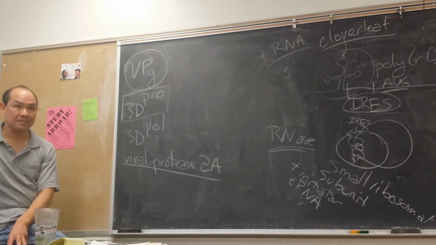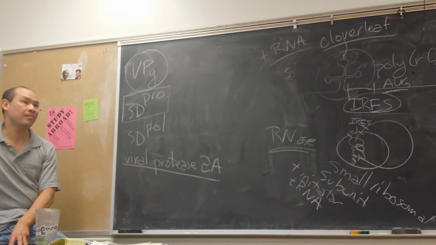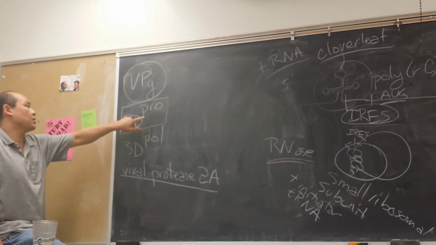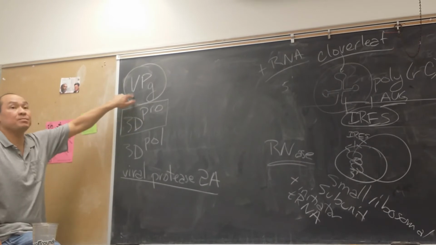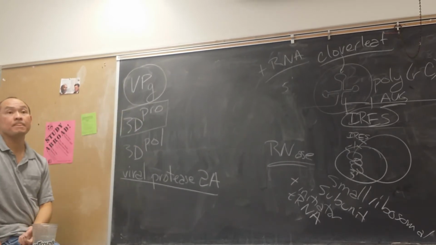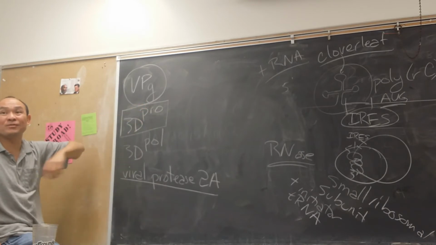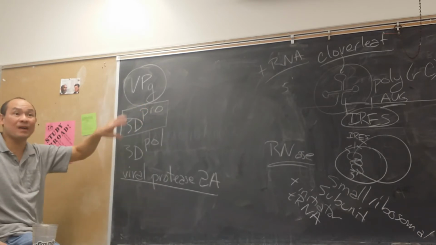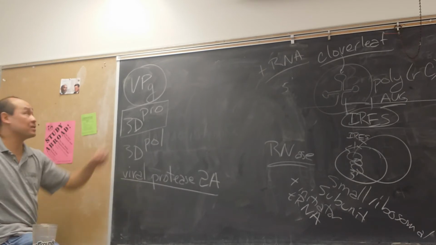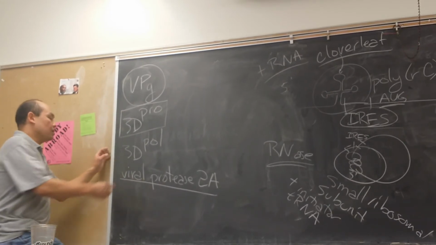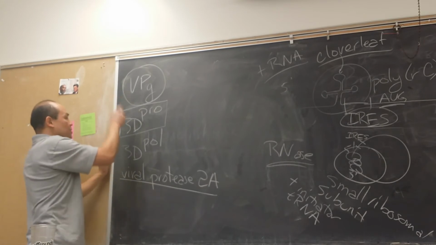Okay? So, yes ma'am. What is the relationship between the 3D protease and VPg? 3D protease, one of its functions is to produce VPg from the polyprotein. In fact, 3D Pro is responsible for the production of most of the viral proteins, but very specifically VPg.